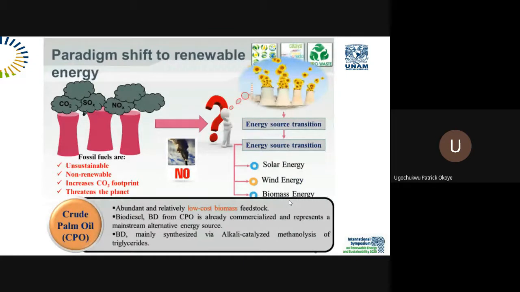The awareness of the adverse effect of fossil fuel has propagated interest in the direction of renewable energy. Renewable energy has aspects of solar, wind, geothermal, and biomass energy. This biomass energy is quite attractive because of its abundance, and it can be converted into fuel directly and can at times be sourced and used directly.